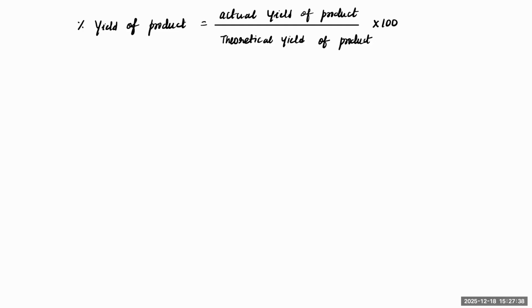Let me give you 2, 3 examples because percentage yield cases are more often observed in exams. So let me start with a basic example. Suppose I have a marble, which is in a pure form already given, and that is decomposing on heating to form calcium oxide and carbon dioxide.